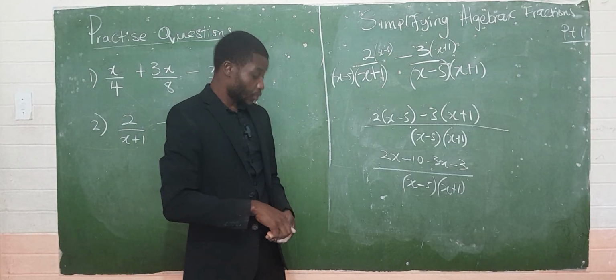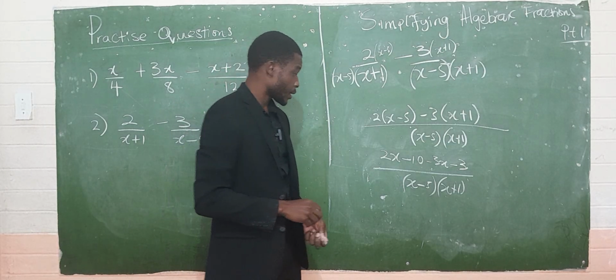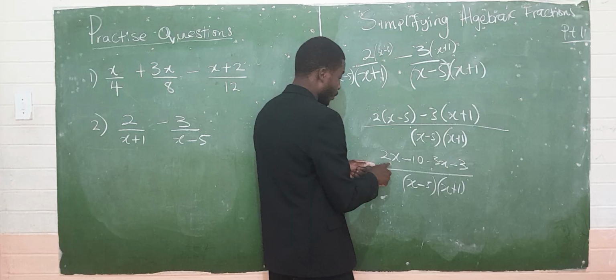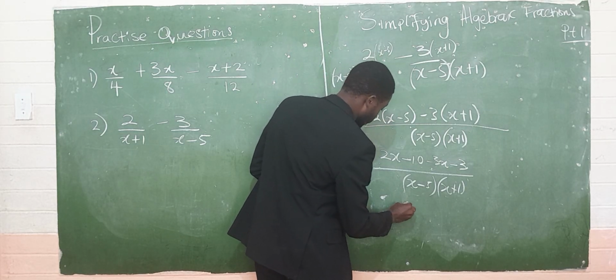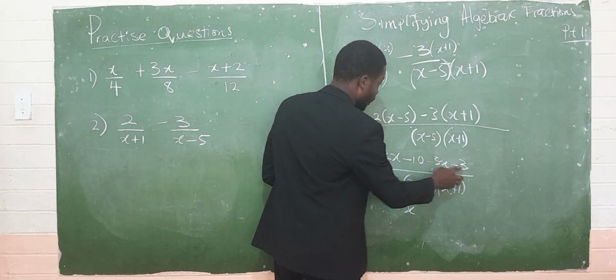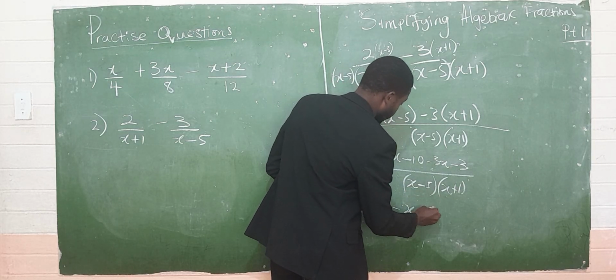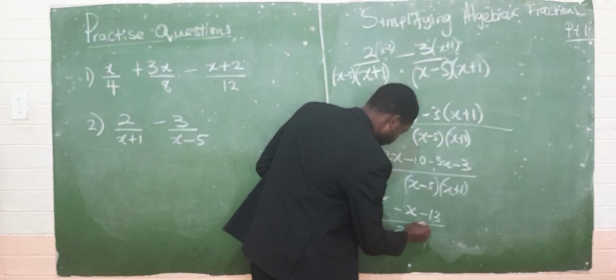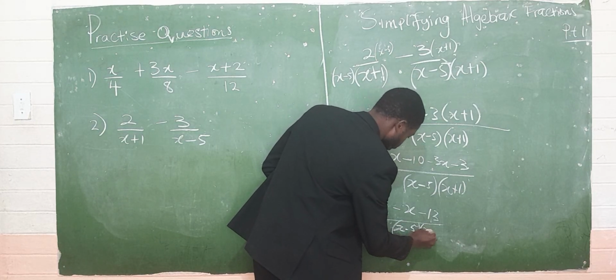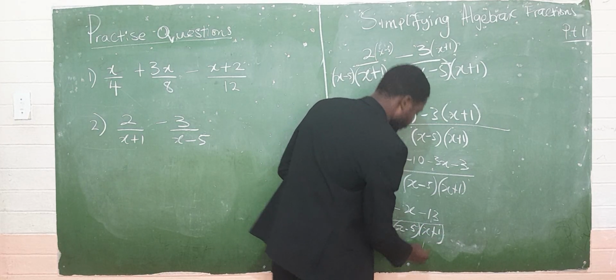And we just need to clean the numerator. It looks a little bit dirty, so I'll go ahead and do just that. 2x minus 3x, that's minus x, and minus 10 minus 3, that's minus 13. Of course, all over x minus 5 and x plus 1.